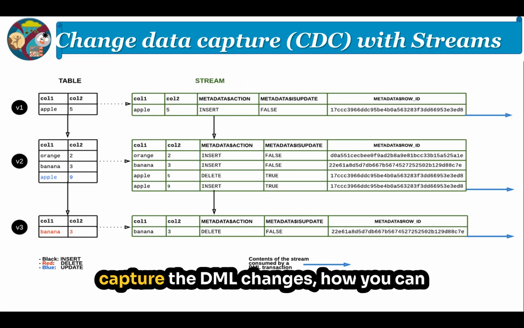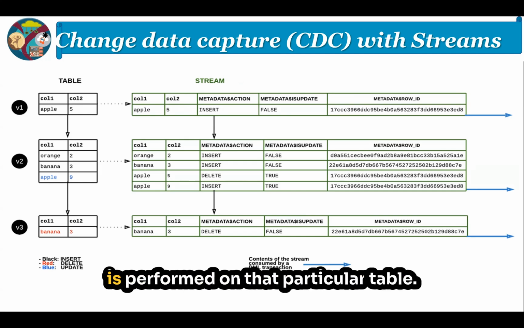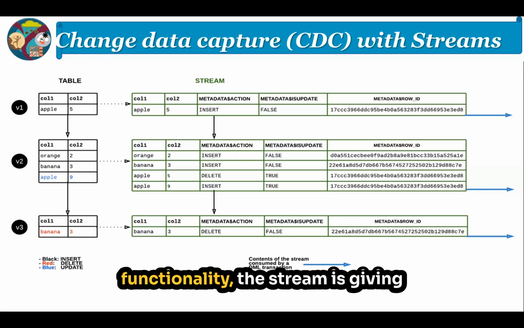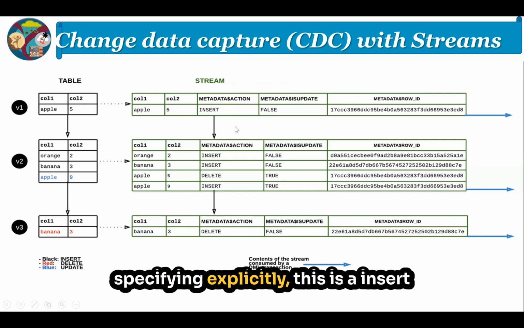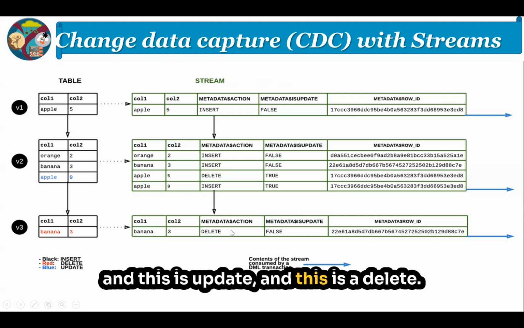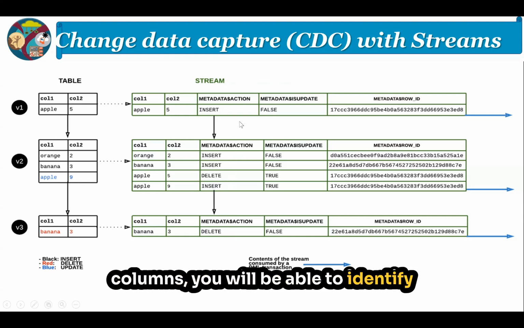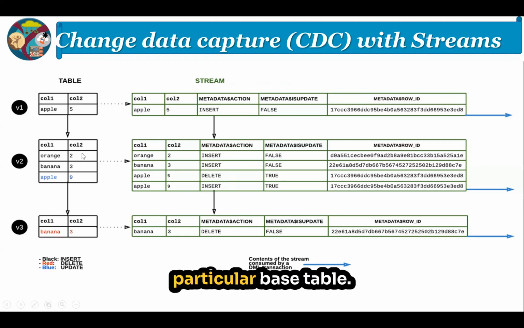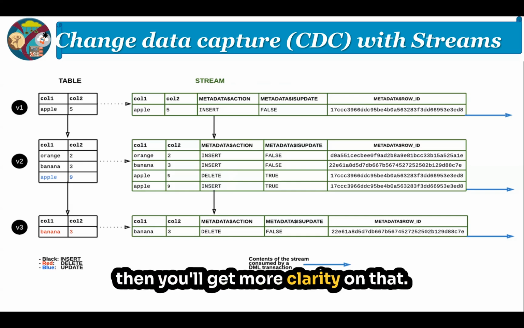How can you identify what type of DML operation was performed on that table? To help with that, the stream gives these three columns and specifies explicitly this is an insert, this is an update, and this is a delete. Based on these metadata columns, you will be able to identify what type of DML operations were performed on that base table. We'll see the practical demo, then you will get more clarity on that.